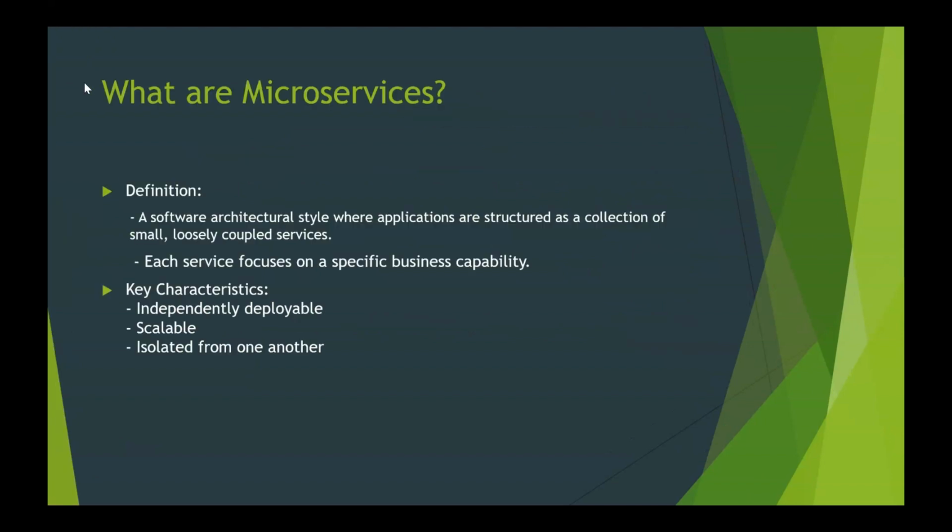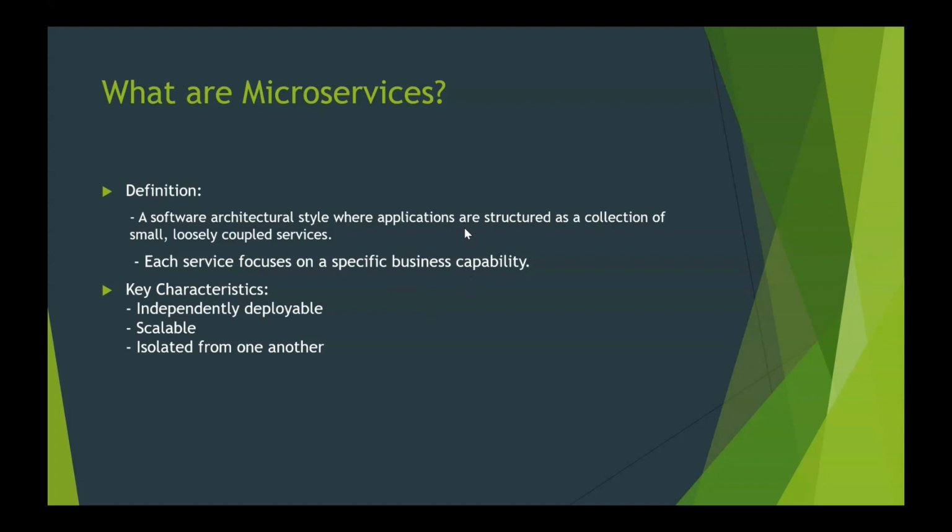Let me start by explaining microservices. What are microservices? If you see the definition here, it is a software architectural style where applications are structured as a collection of small, loosely coupled services. That means if you have one large application, you can create that application with multiple microservices.